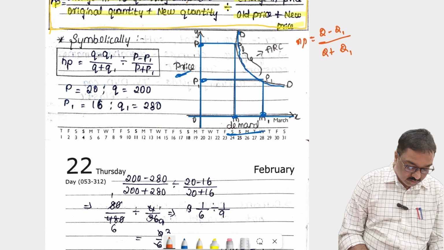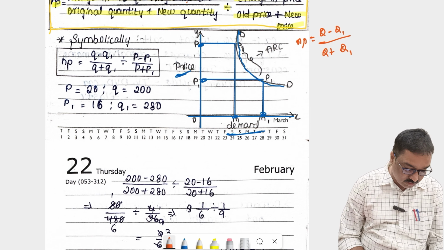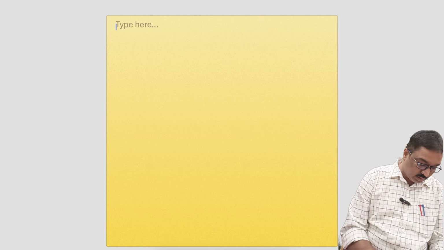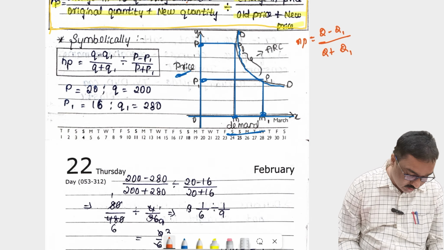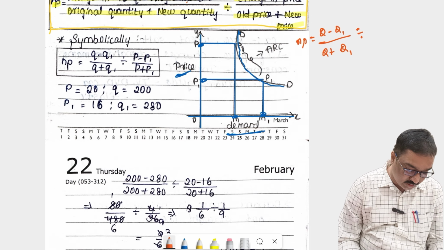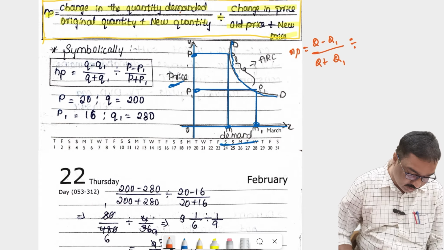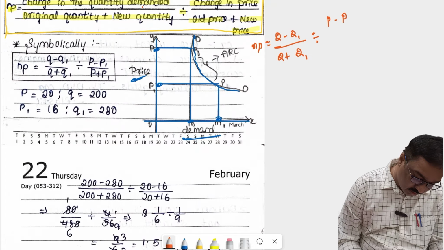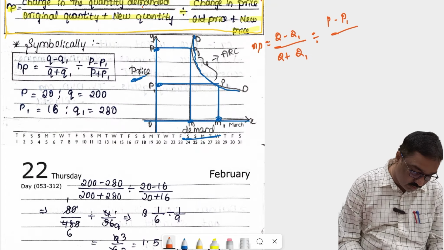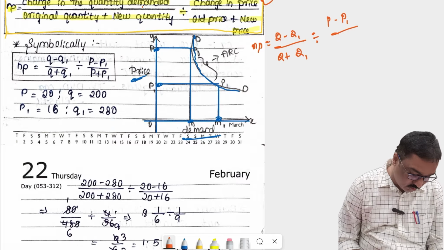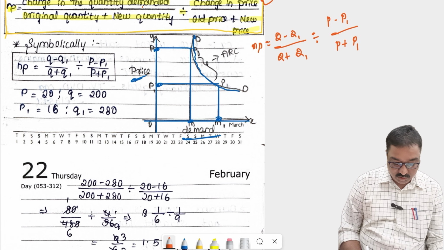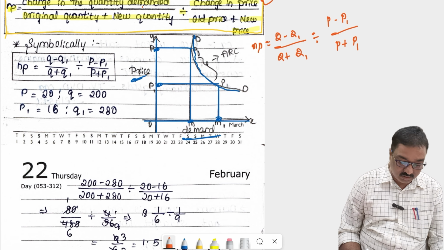Q is the original quantity and Q1 is the new quantity. Divided by the change in price, P minus P1, which is the change in price, divided by the old price P plus the new price P1. So first of all, write it down like this.